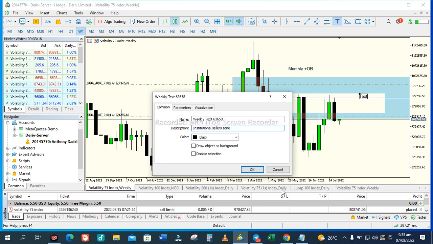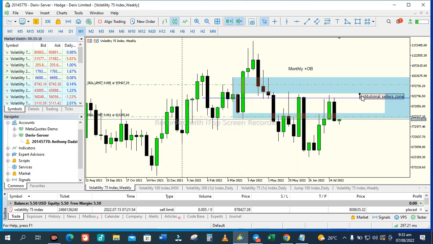What am I typing? Sorry. So here is the institutional seller zone, so we could find that institutional sellers are inside the zone, right?